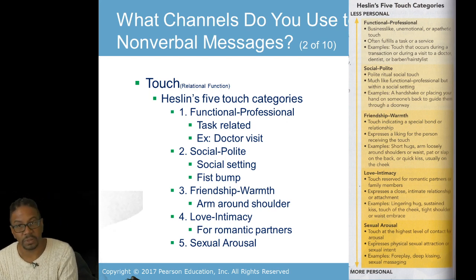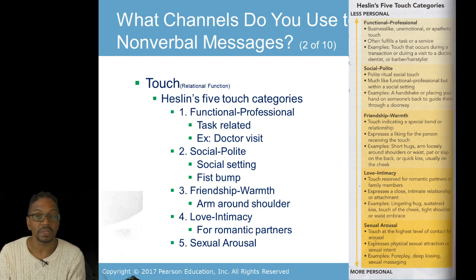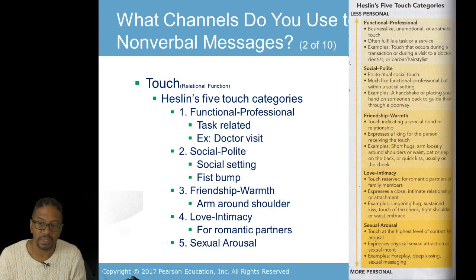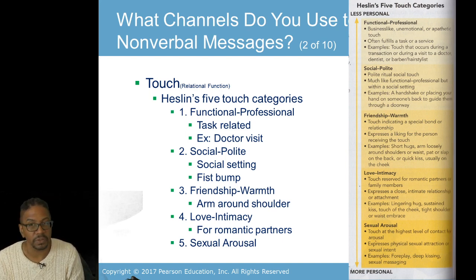With the functional or professional category, this is some type of touch that is absolutely necessary to complete some type of task. If a doctor or nurse is trying to check your blood pressure, they've got their stethoscope, they put the arm pressure cuff on you, and they're listening for your pulse.